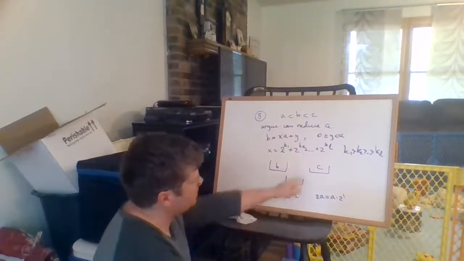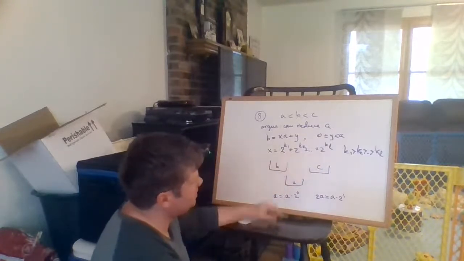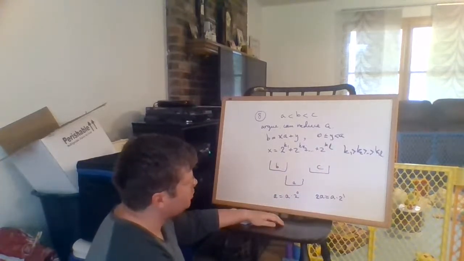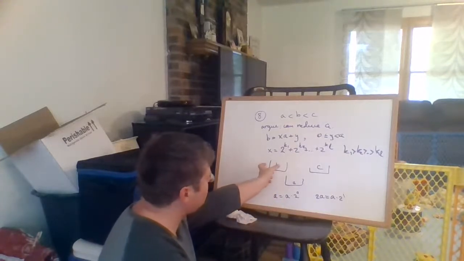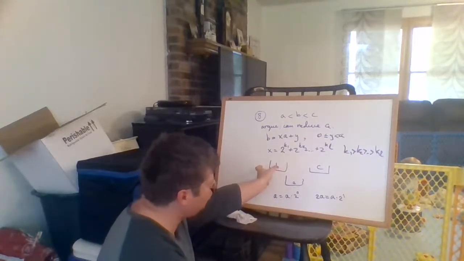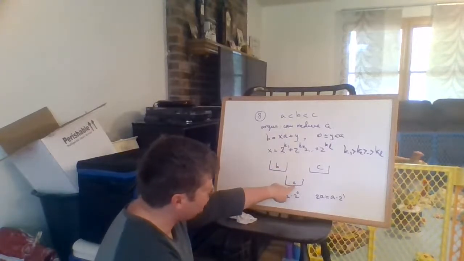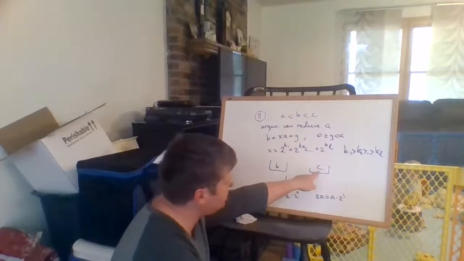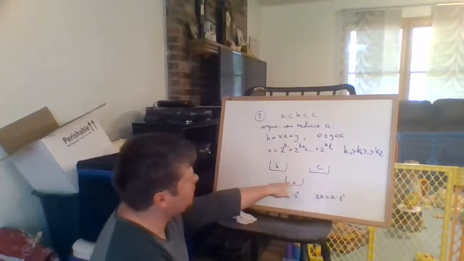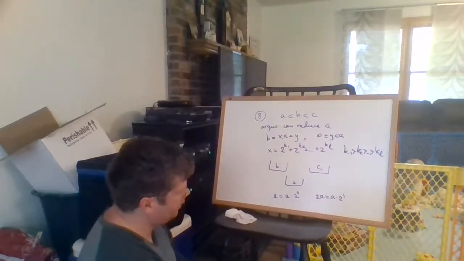Meaning the last one now is 2 to the 1, or is it something bigger? If it's 2 to the 1, then I will take B and I will pour 2A out of it into 2A, getting 4A. And if it was not, I will use C. I will take C and I will pour 2A into it, making it 4A.